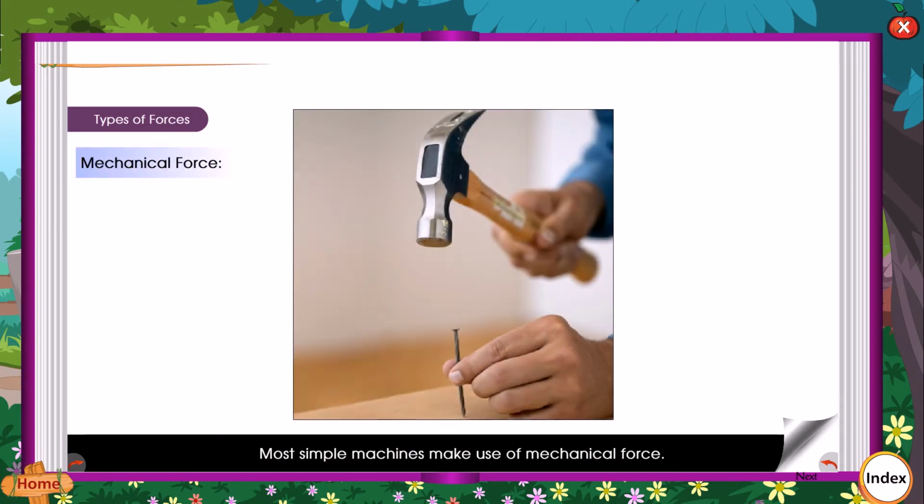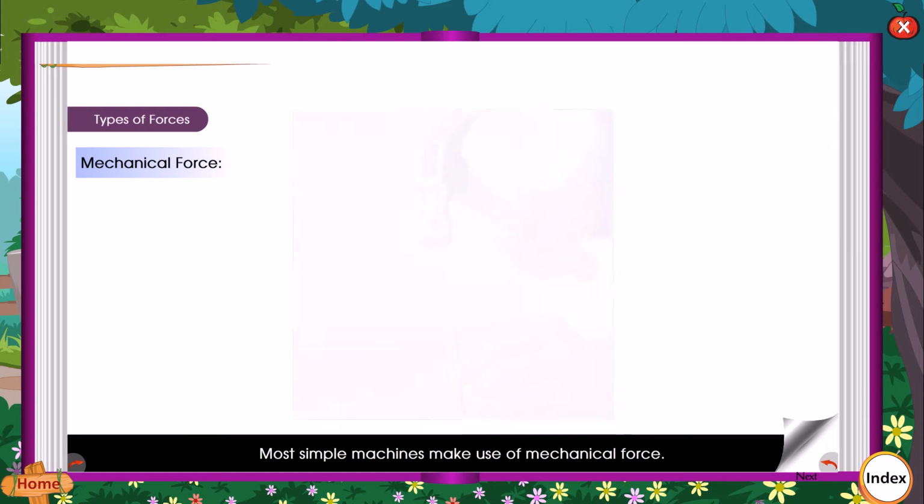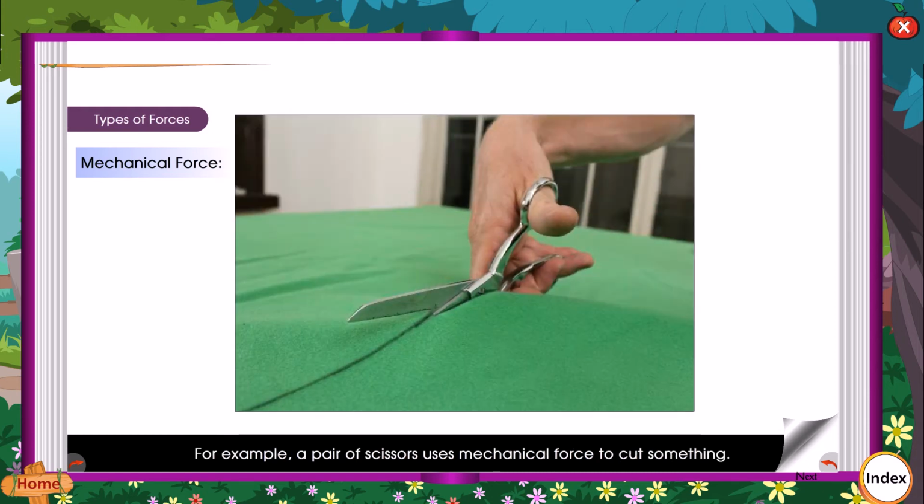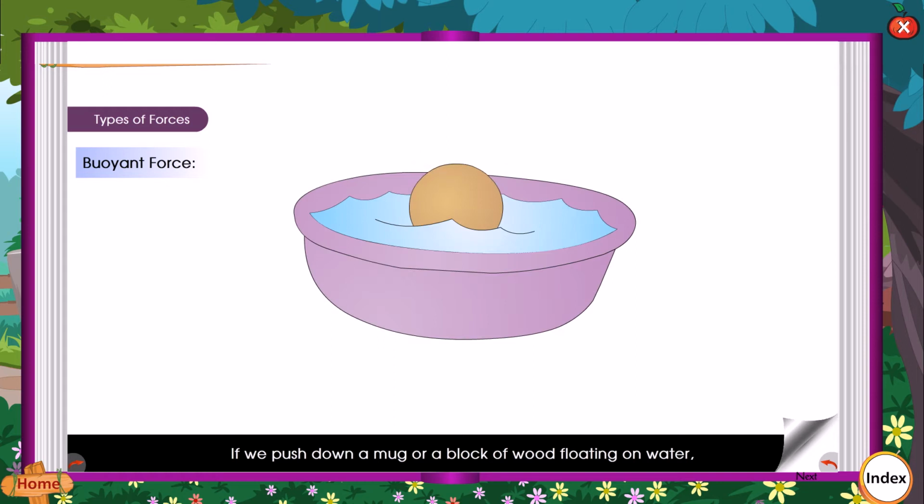Mechanical force. Most simple machines make use of mechanical force. For example, a pair of scissors uses mechanical force to cut something. Buoyant force.